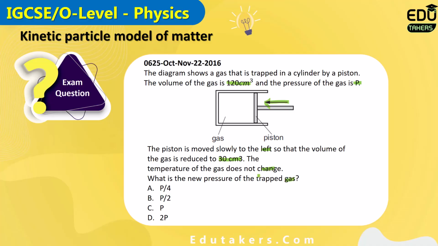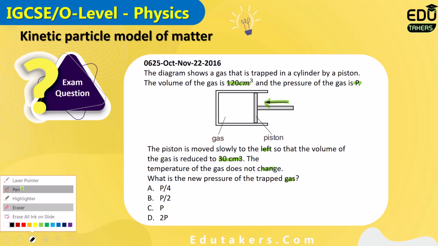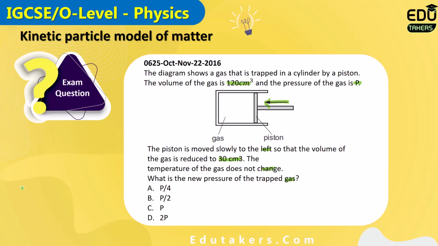So first of all, the major point here: the temperature of the gas does not change. It means that the temperature remains the same. So when the temperature remains constant, what is the relationship between the pressure and the volume of the gas? It is given by Boyle's law. Because here you can see the initial volume of the gas is 120 cubic centimeters, and the final volume is 30 cubic centimeters.